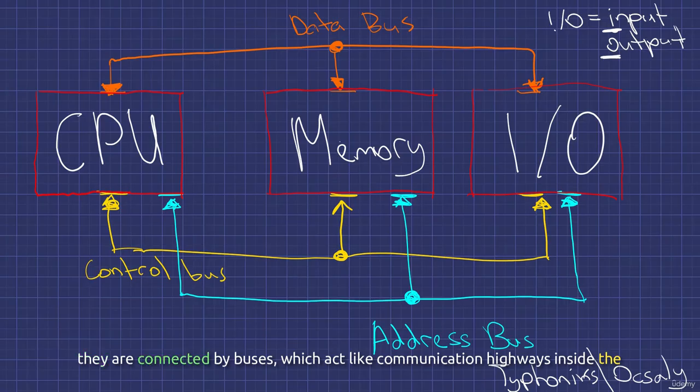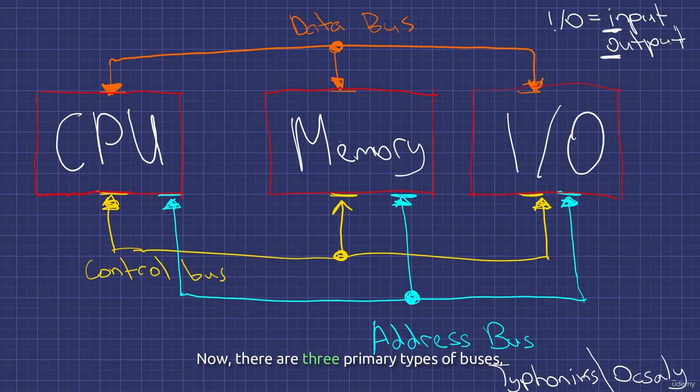And these subsystems don't work in isolation. They are connected by buses, which act like communication highways inside the computer. Now, there are three primary types of buses, which you will learn about as an introduction to computer organization. The data bus, which you can see on the top of the diagram, moves actual data between the CPU, memory, and input-output.